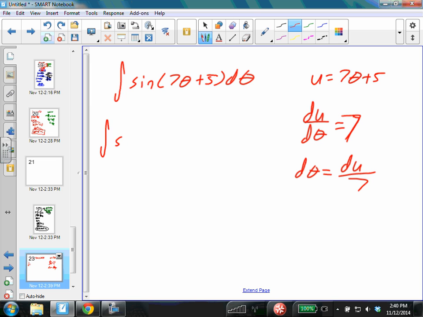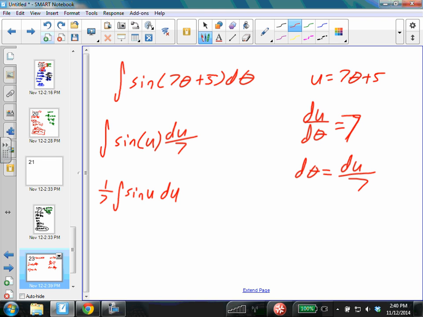So this is sine of u times what? Over 7. What do you think I'm going to do with that 7? Okay, I'm going to bring it out front as a 1/7. That's exactly right. So this is sine of u du.